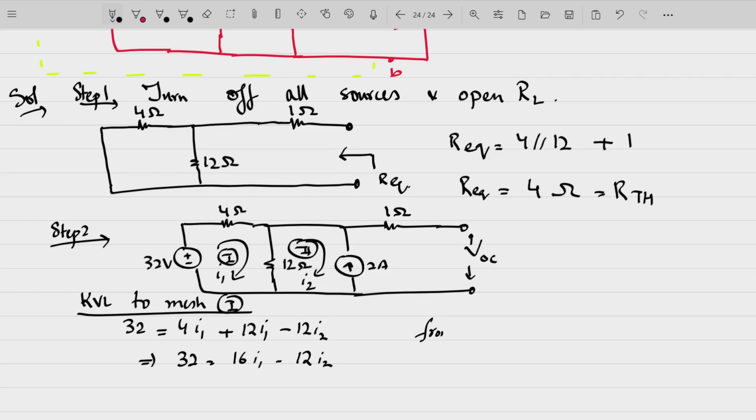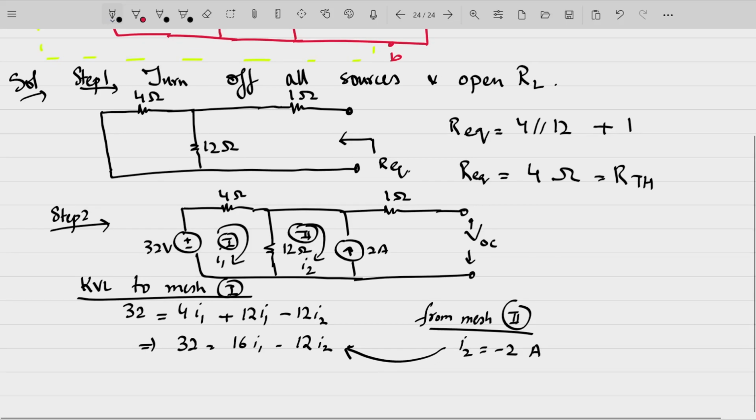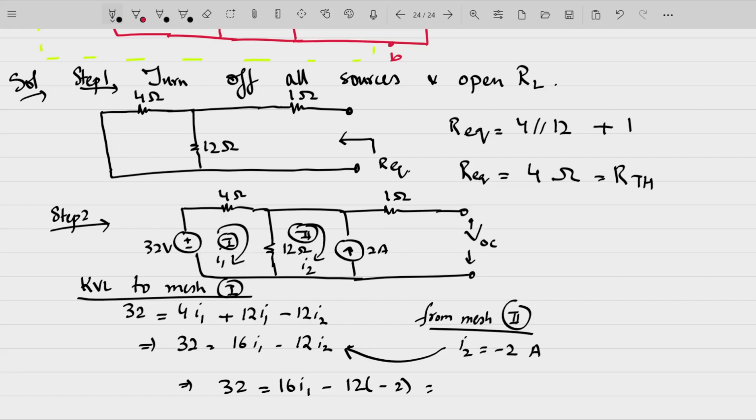From mesh number 2, I2 is equal to what? It's simply equal to minus 2 amperes. So substituting this back here, which implies I1 is equal to 0.5.